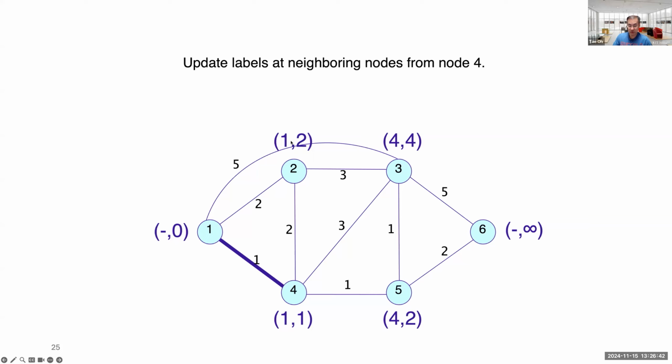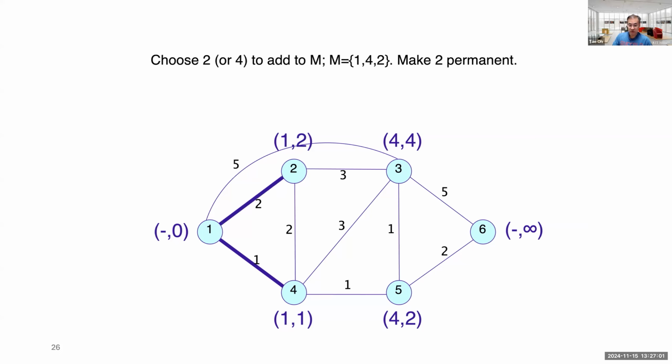If it were via 4, because 4 is attached directly, the cost would be 3, since 2 plus 1 is 3, which is higher. In this case, it's better to keep 1, 2 because this one has the least cost, right? So you find out that this is the least cost, and you choose 2 to add to M, making 2 permanent.